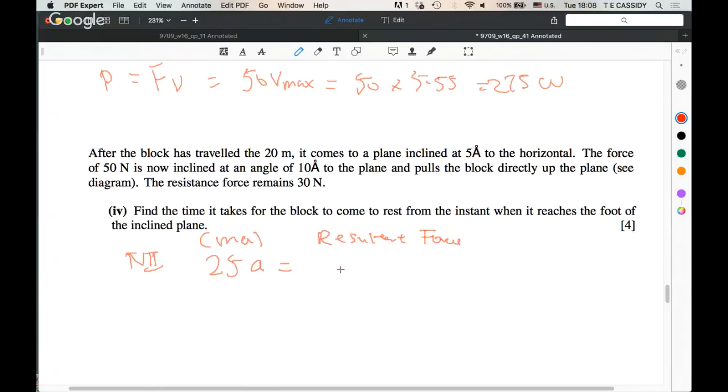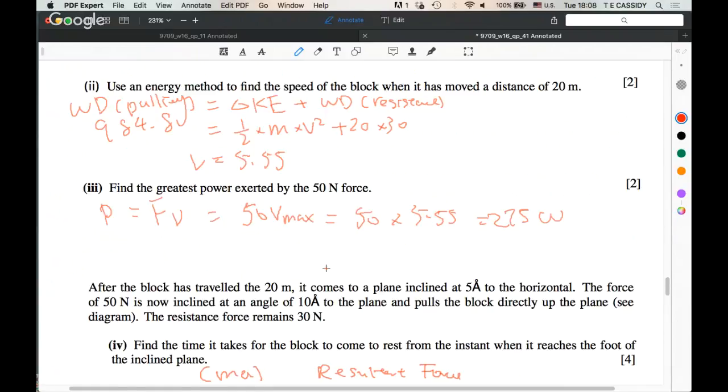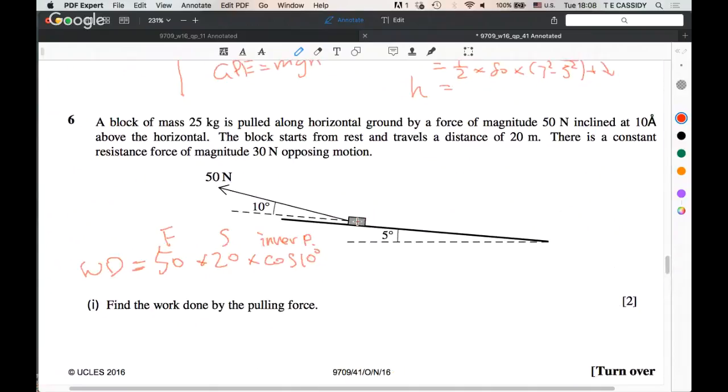So what force do we have on this block? We have 50 cos 10. Again, we have to remember that we're just resolving in the line of motion here. So Newton's second law you have to apply in each direction. Right now we're applying Newton's second law in this direction, parallel to the motion.